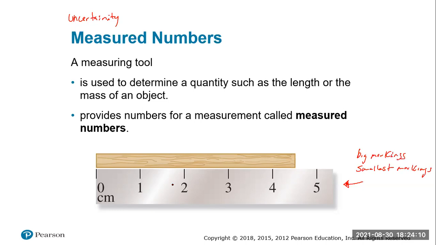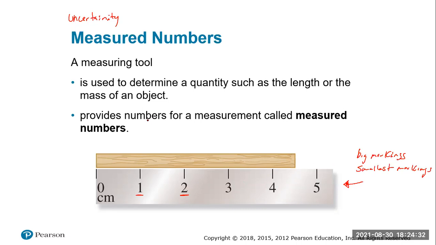Now, if you look at this, we have kind of an unusual situation, but not necessarily always unusual. Our biggest markings here are also our smallest markings. There's only one set of markings on this one. Each one represents 1 centimeter in this case. This is 1 centimeter, 2 centimeters, 3 centimeters, 4 centimeters, and so forth.